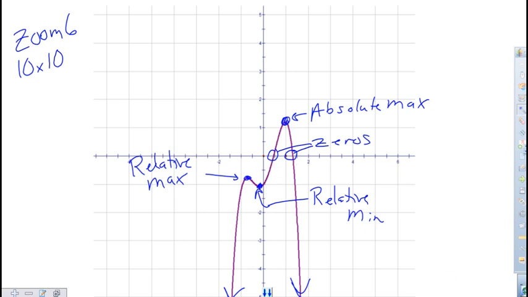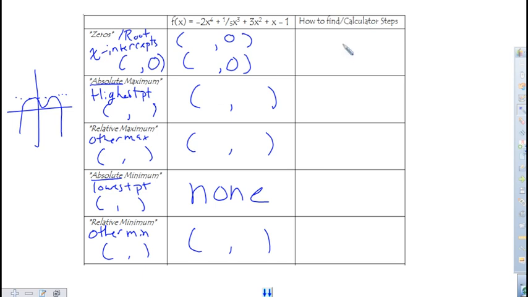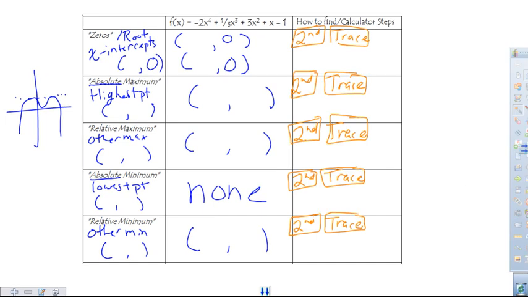You can find all of these in your calculator. For all of these, you're going to hit second trace. This is why you're looking at the graph. All of these you're going to hit second trace. Ta-da! Now they're all there.